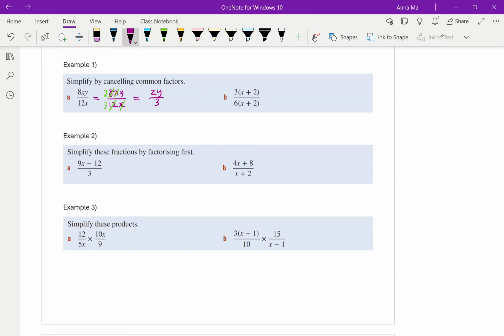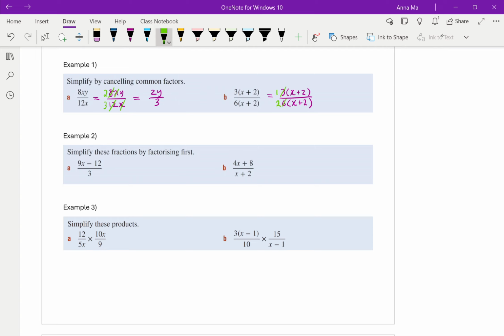For example 1b, same thing will happen. So the 3 and the 6, they can both be divided by 3, which the top one's going to leave me 1, the bottom's going to be 2.